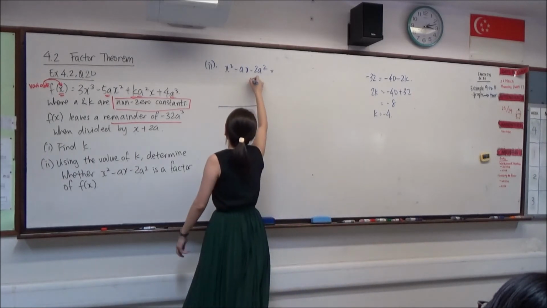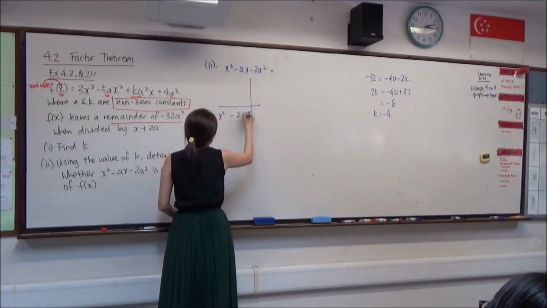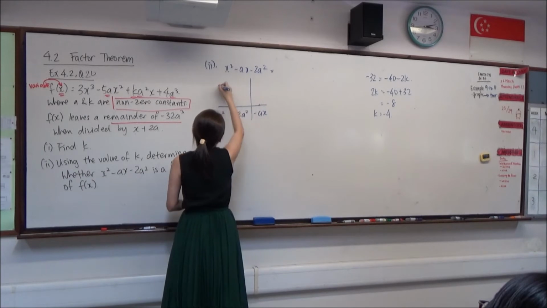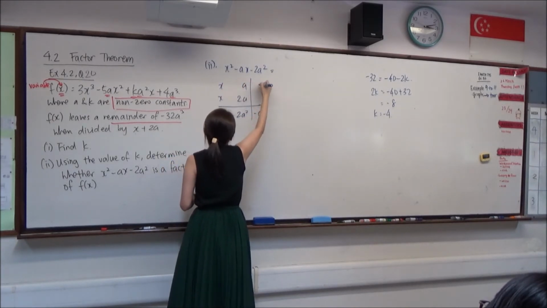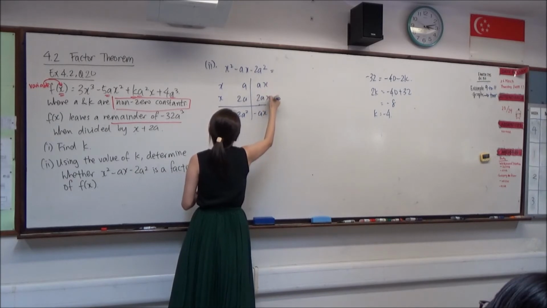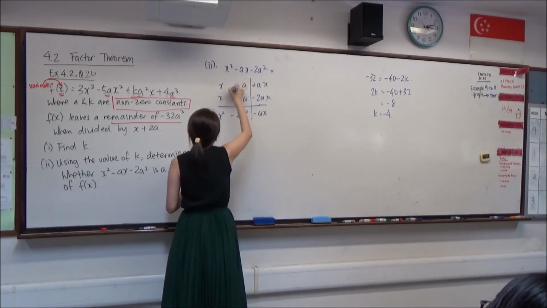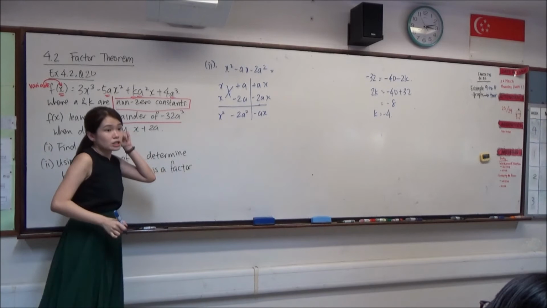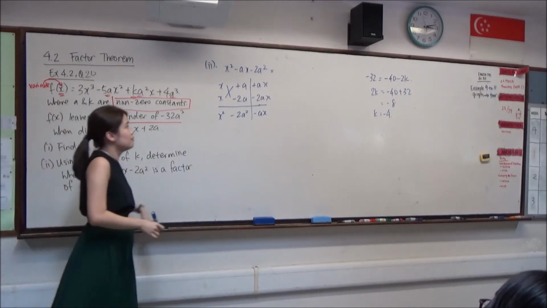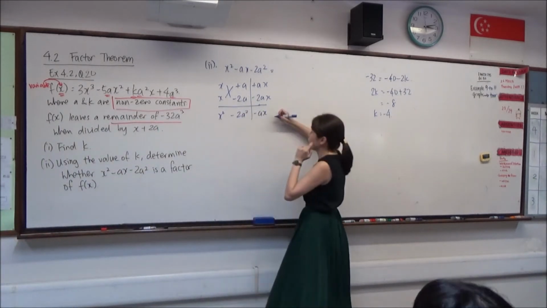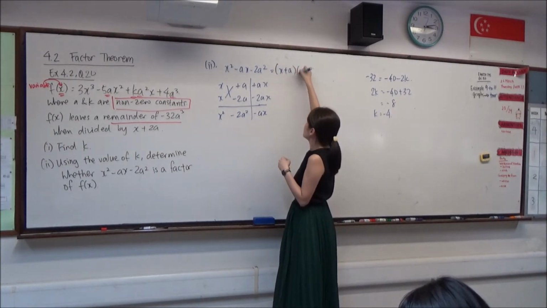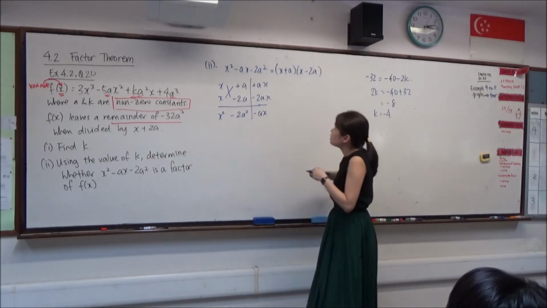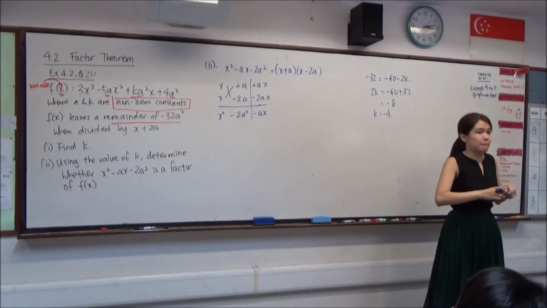If you remember your course method, you can actually do factorization with more than one unknown, more than one variable. So our factorization will be x plus a and x minus 2a.